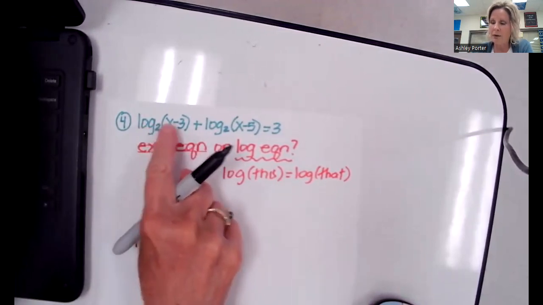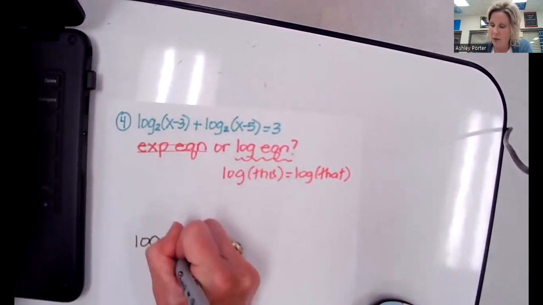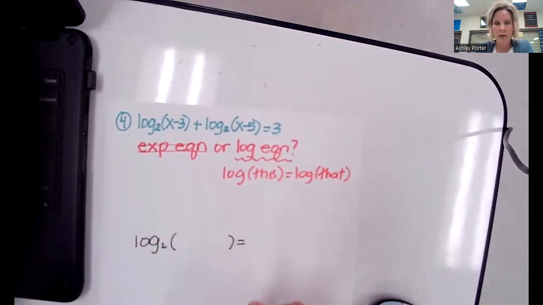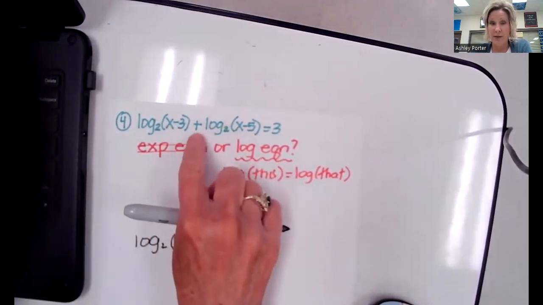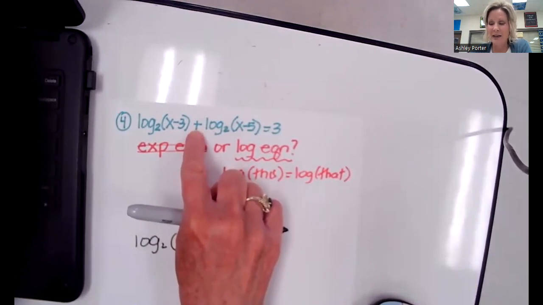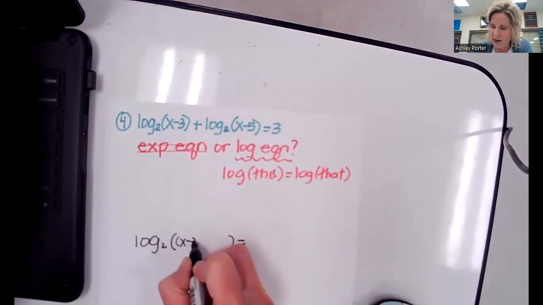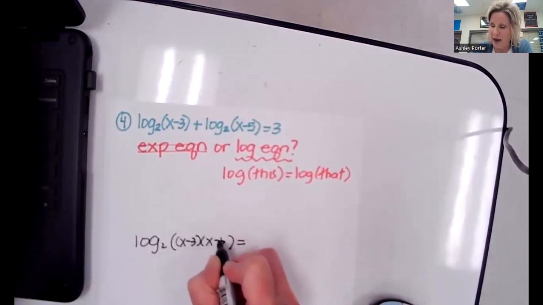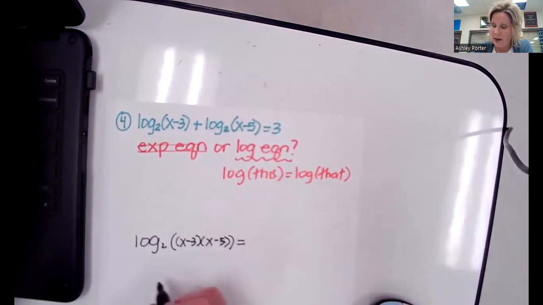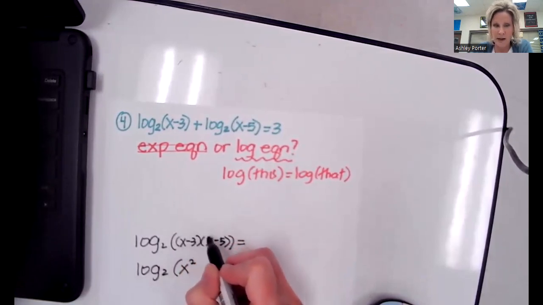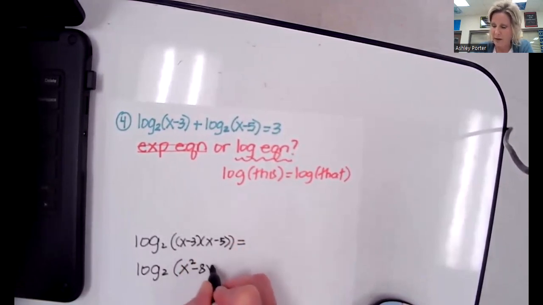Well, how do I simplify this to log base 2 of? Oh, so remember what I'm supposed to do if I've got logs added, I condense via multiplication. So I really need to do x minus 3, x minus 5, and multiply that out. So the left side is going to be log base 2 of x squared when I FOIL, minus 5x, minus 3x would be minus 8x plus 15.